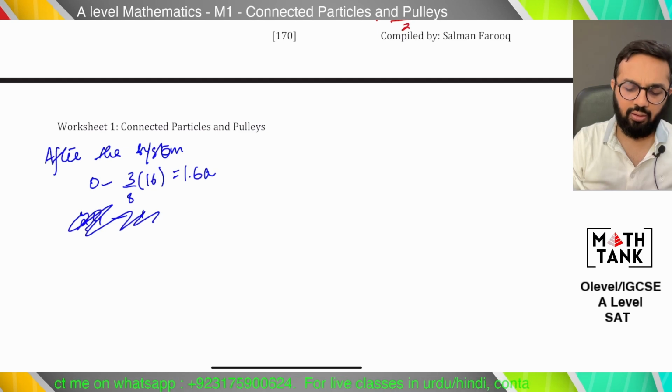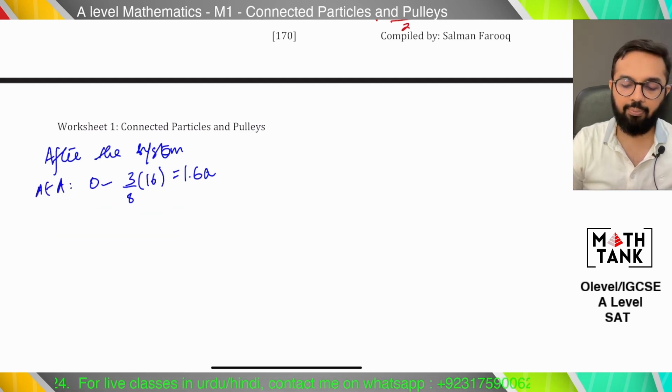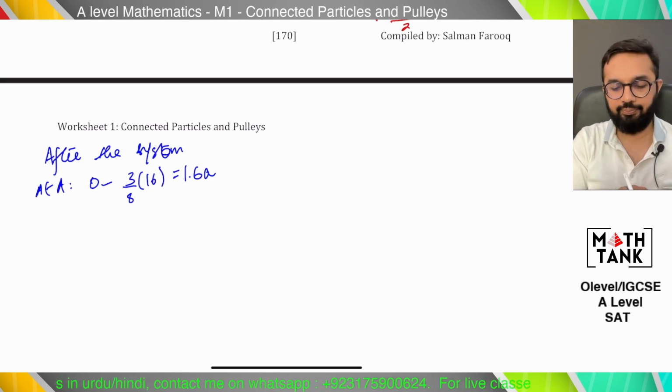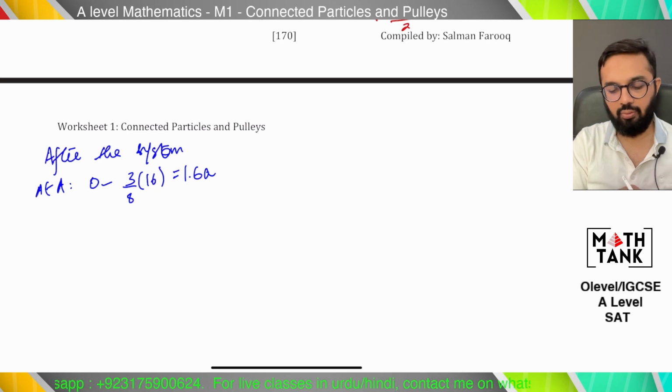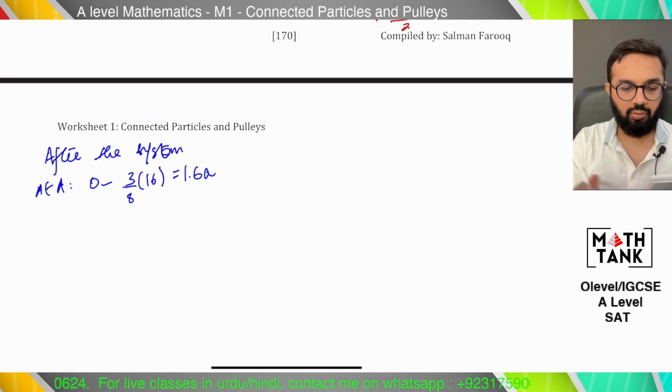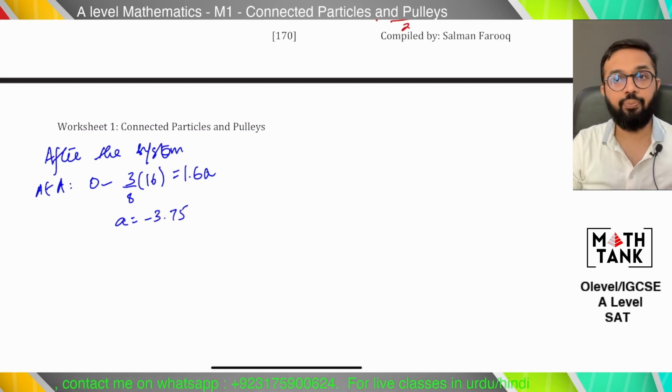In fact, I don't need B right now because the system is broken. So at A, that's what's happening. I'm getting minus 3.75.